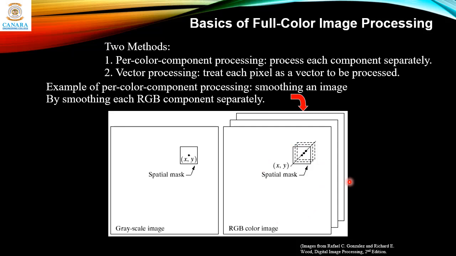In the first method, we process the red, green and blue components separately. In the second method, we take a vector of three values, red, green and blue, for a pixel, process it, and move to the next pixel. So this is full color image processing.